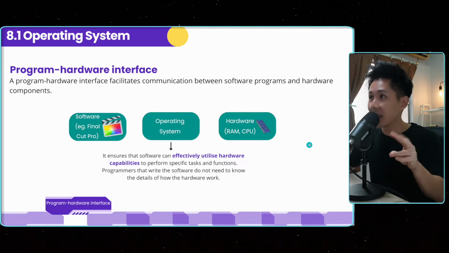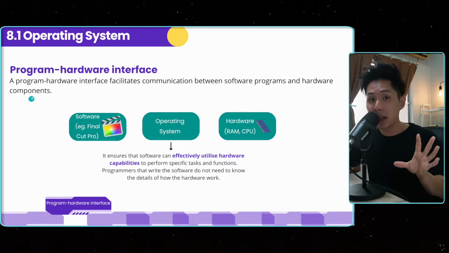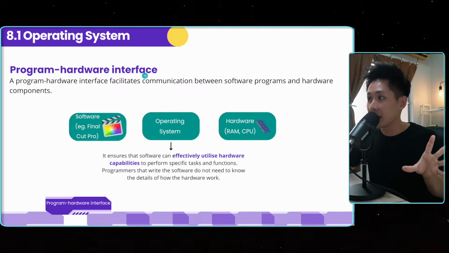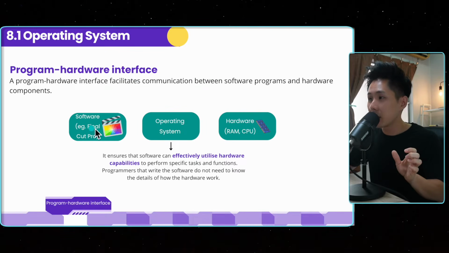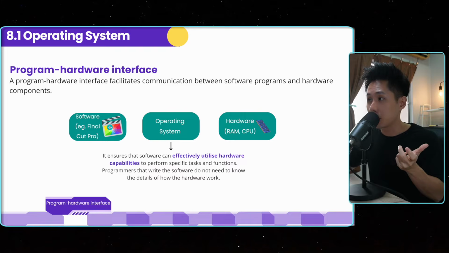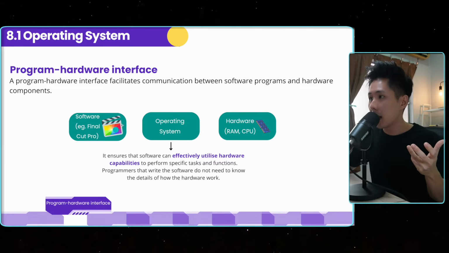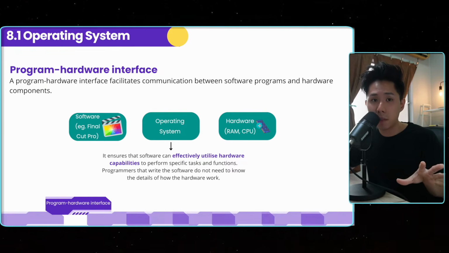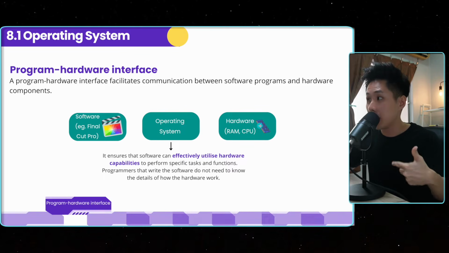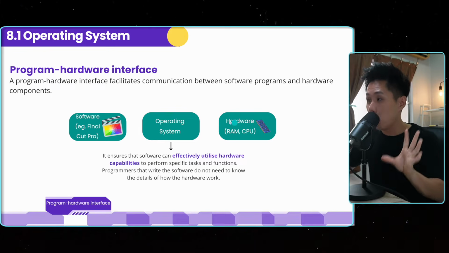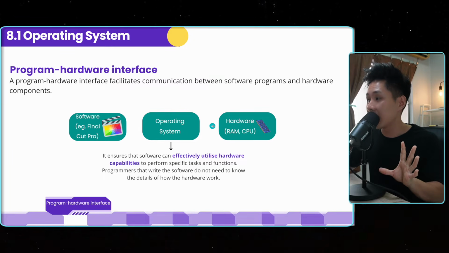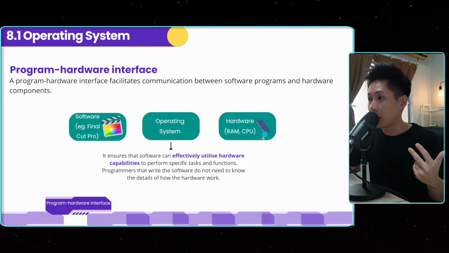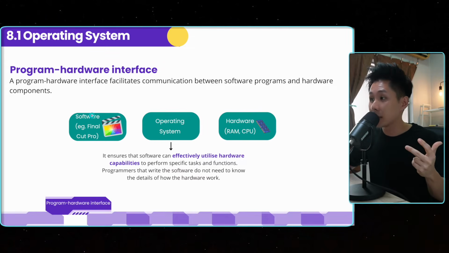The second task that the operating system does is that it also provides a program hardware interface. Think about it. All the software that you use, for example, I use Final Cut Pro to record my video. This software requires the usage of certain hardware like computing power and RAM to run. And what the OS does is that it manages hardware, it allocates hardware for software to be used.